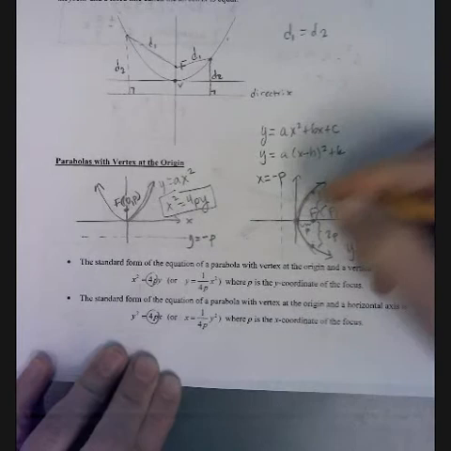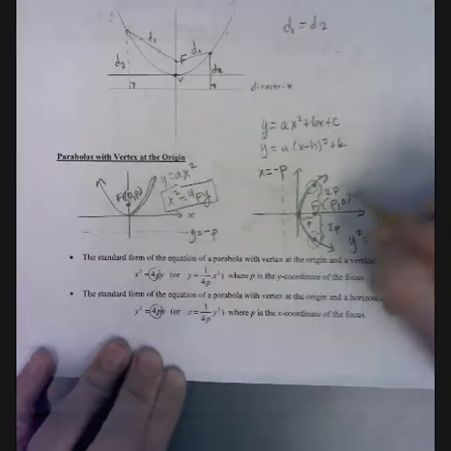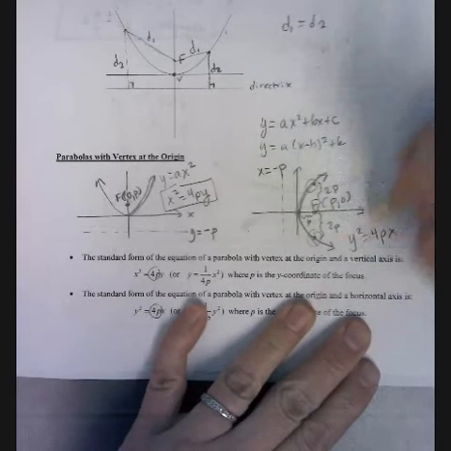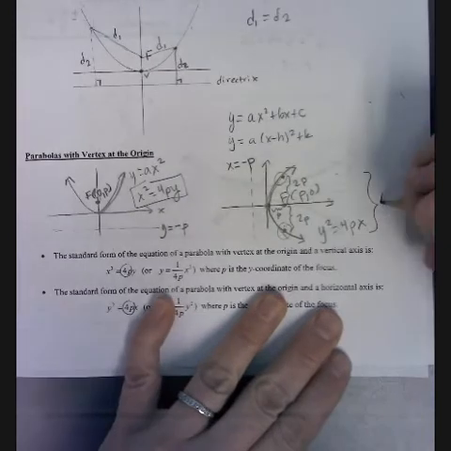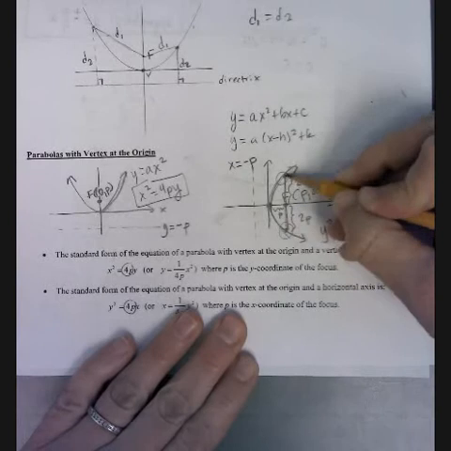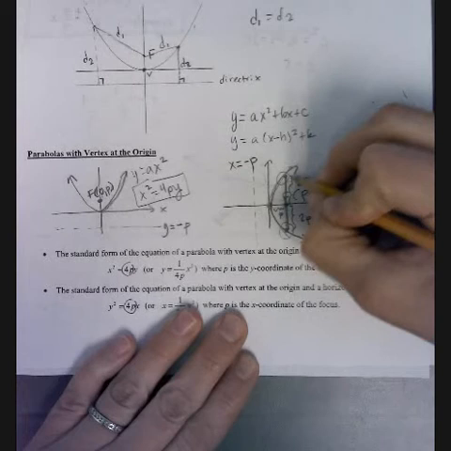When I ask you to graph, I want to see those 2 points. The length between the 2 points here is 4p. This line segment is called the latus rectum. You don't need to know that, but it does have a name.